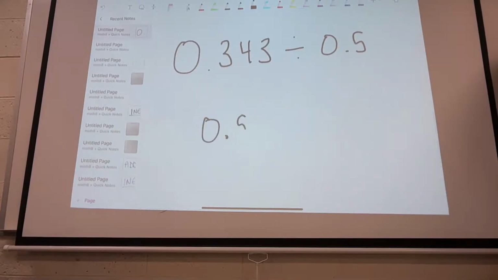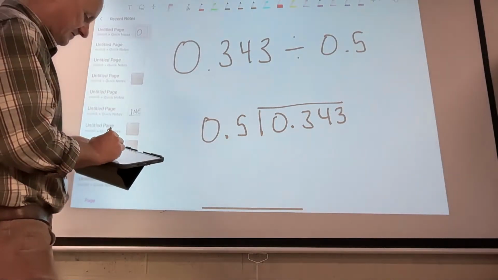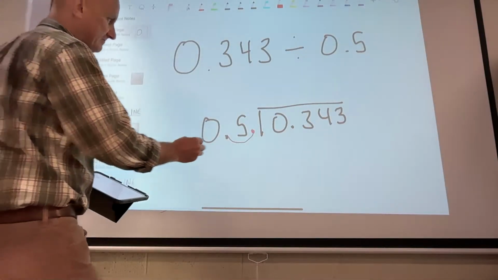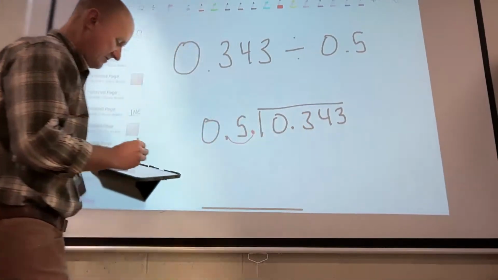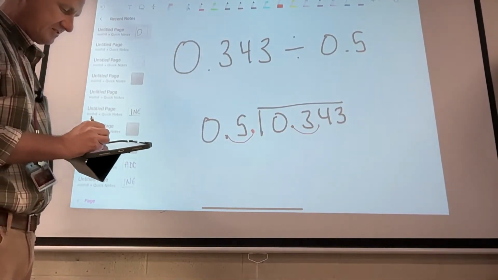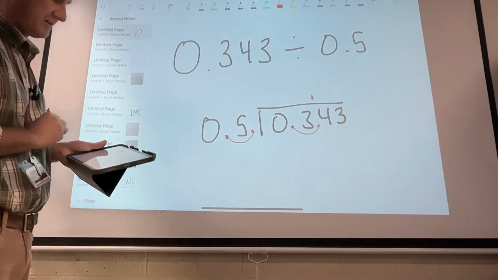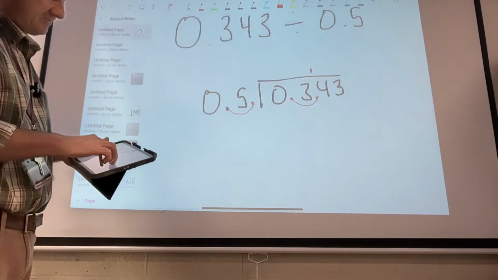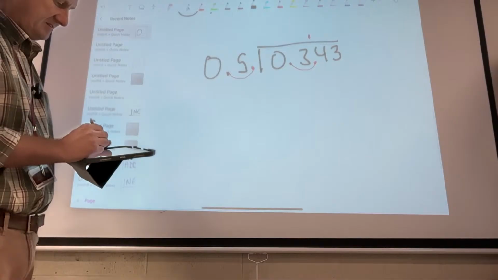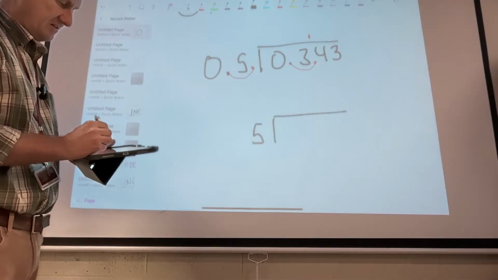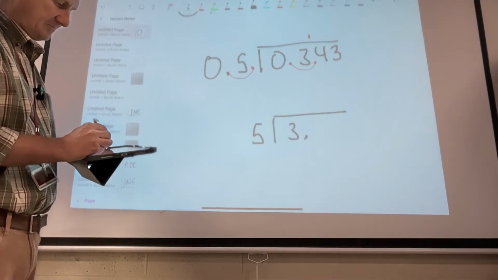It's a regular division problem. And we have to move our outside decimal all the way to the right. So I'm going to move it 1 that way, which means I have to move it 1 inside. So it goes between that first 3 and 4 and straight up. Now I'm just going to rewrite it, getting rid of all that extra stuff.